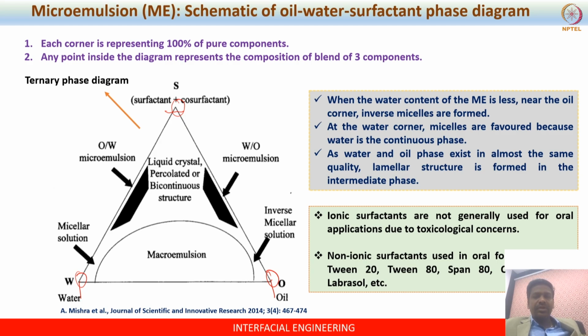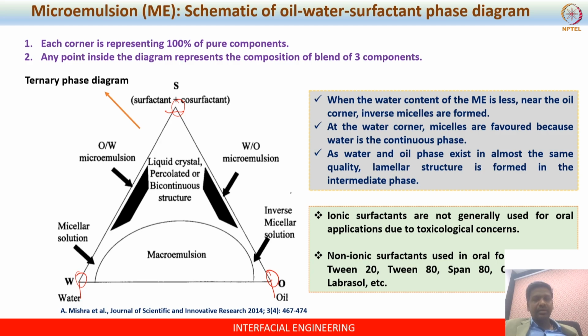Now the question is, when you blend these three components, what sort of state will the system attain? That is what we are trying to ask. This phase diagram will tell us which operating regime one has to choose, depending on the application.